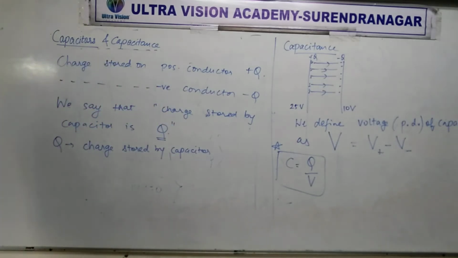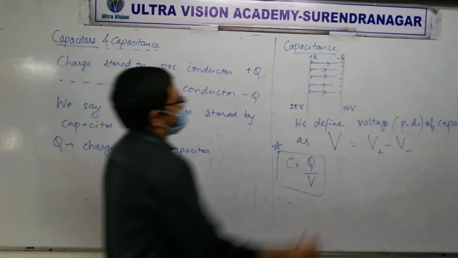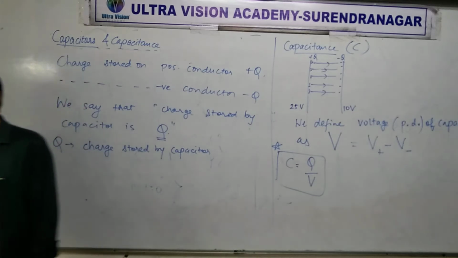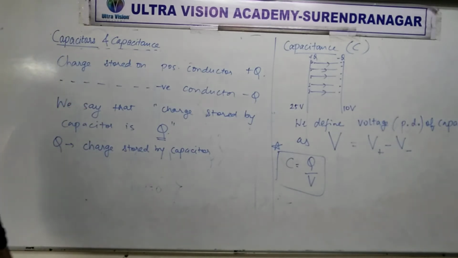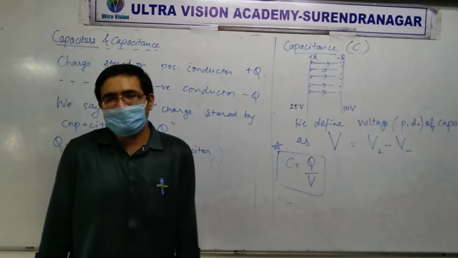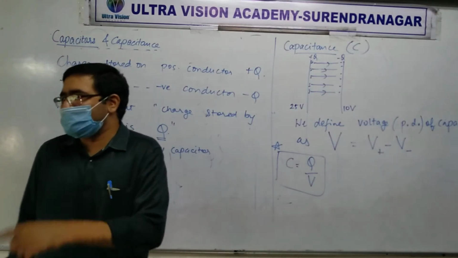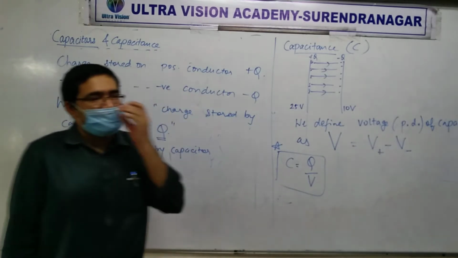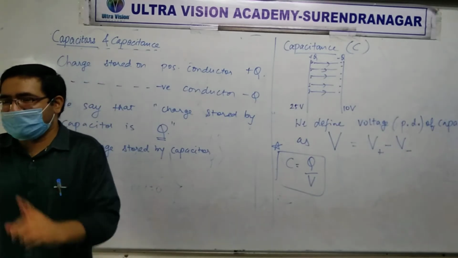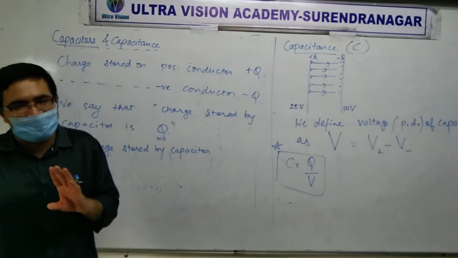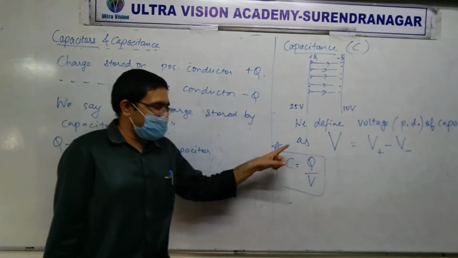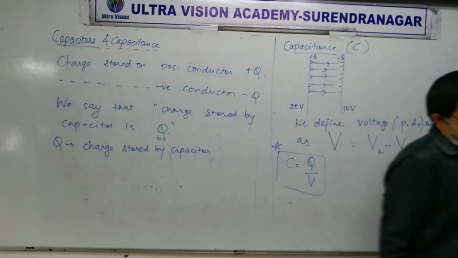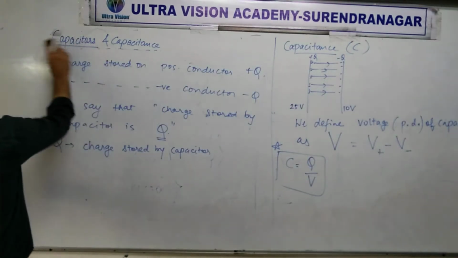Capacitance simply means this: C equals Q by V. The capacitance symbol is capital C. It is a scalar quantity, and it is equal to Q by V. Q means the charge stored by the capacitor, not just charge, and V means the voltage or potential difference of the capacitor, not just potential. If you only get into the habit of saying charge, it will cause confusion sometimes. So the charge stored by the capacitor is Q and the voltage of the capacitor, V plus minus V minus, is V.